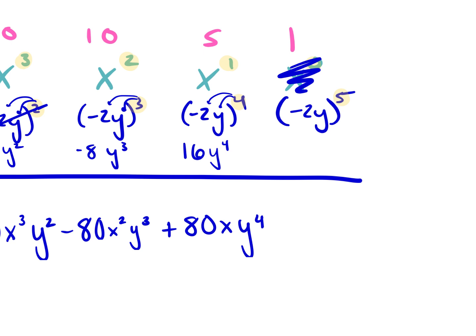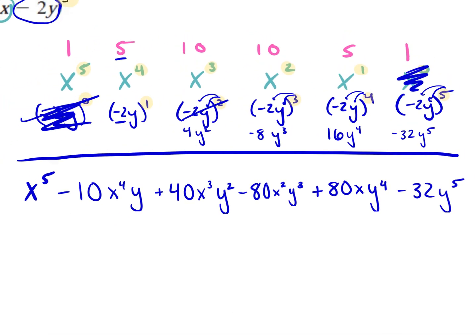And then we got to distribute the fifth power here. What's negative 2 to the fifth power? Negative 32, perfect. Y to the fifth power. So negative 32 times 1 would be negative 32y to the fifth power.